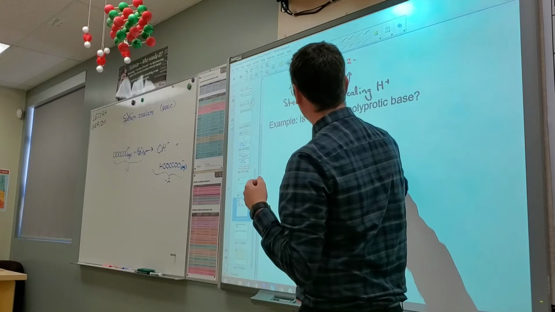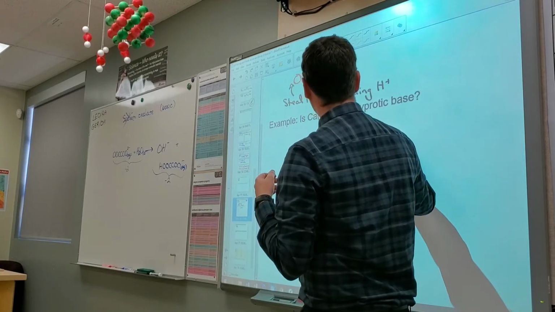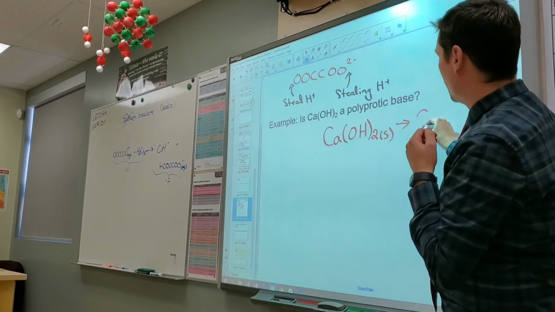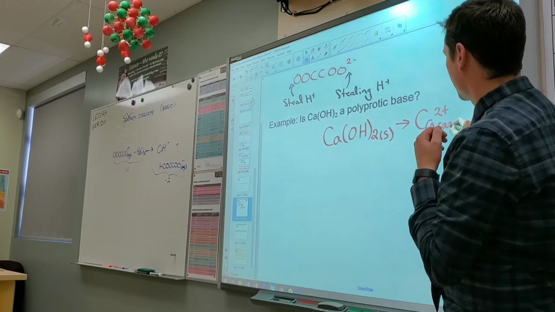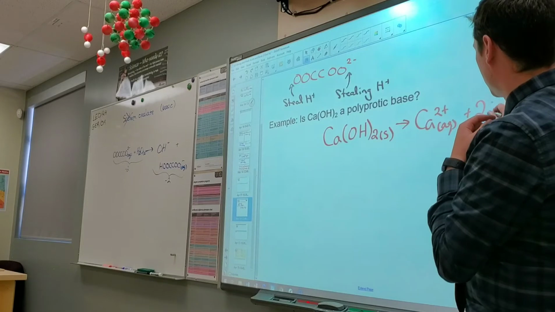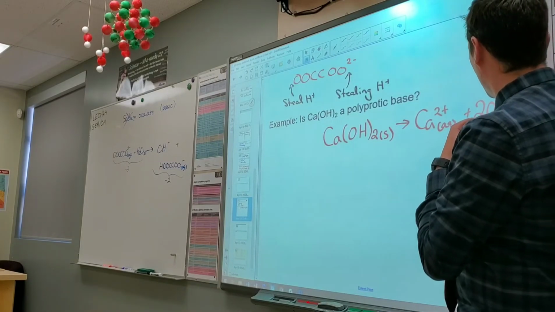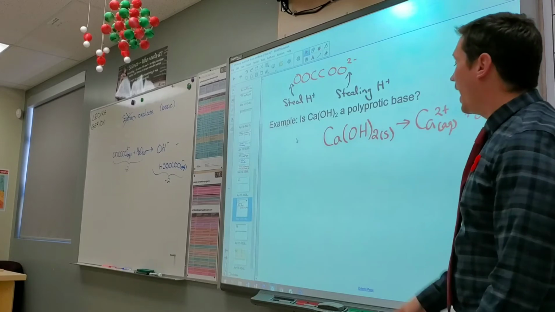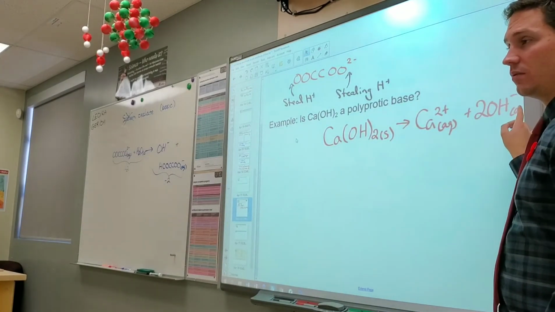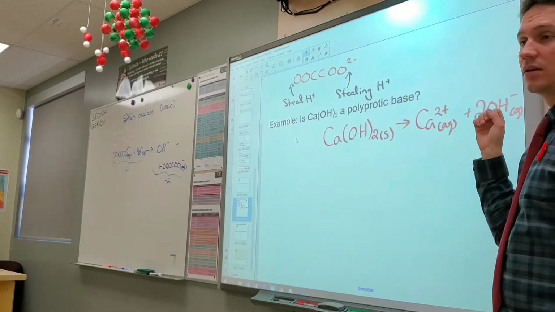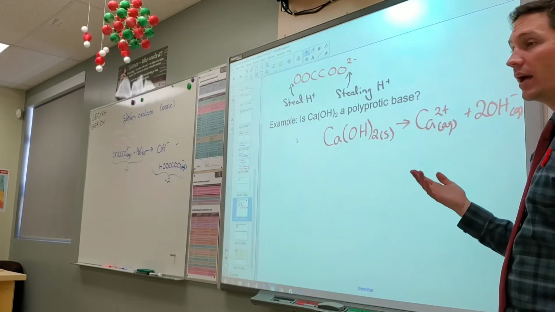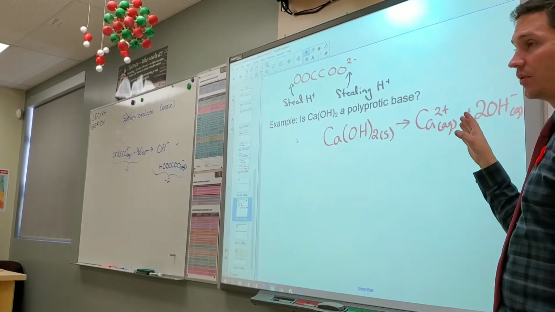This is a very tough question for me to explain. When this thing splits up, we're going to make calcium 2+ ions, and we're going to make how many hydroxides? 2. How many reactions did that take in order to make 2 hydroxides? 1. This is not polyprotic, and you need to understand that. It does not behave the same way that these other polyprotic bases would.